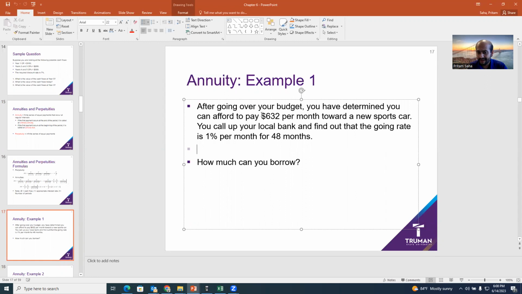As we are doing monthly payments, we need the monthly interest rate for 48 months, which is 4 years, so we need the total number of periods. How much can you borrow today? That means you need to calculate the present value here.